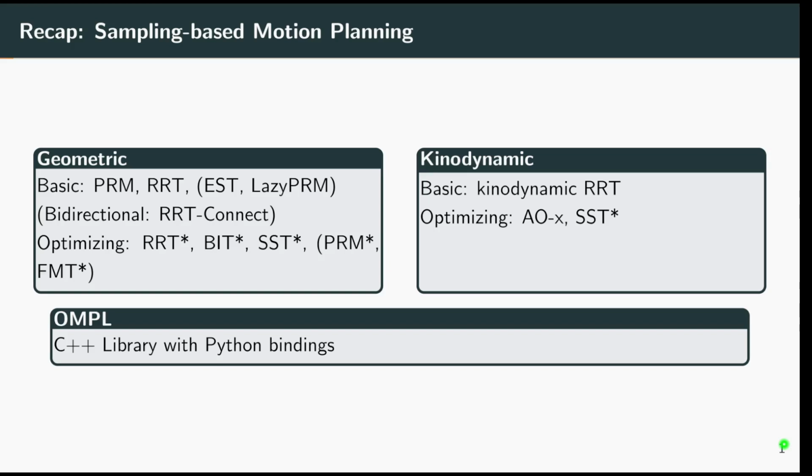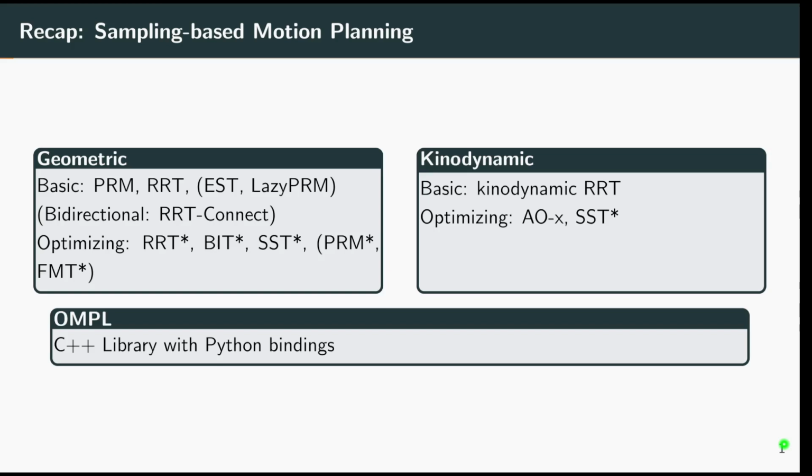And in the geometric case, we learned about RRT star, BIT star, and SST, not really the star version, but the plain version. And in the kinodynamic case, we learned about AOX, which was this meta algorithm where X can stand for RRT, for example, and also SST, which can be applied to the kinodynamic case.